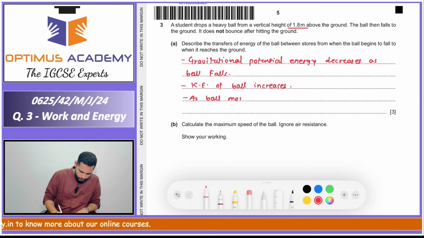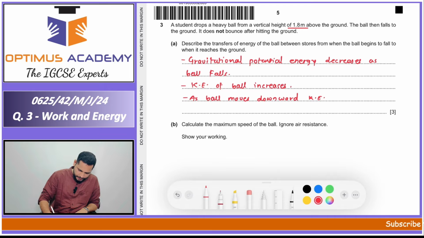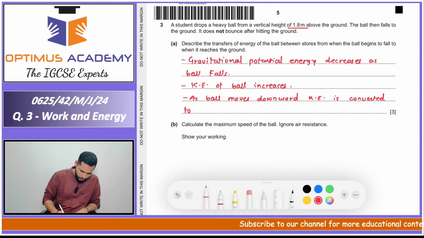As the ball moves downward, kinetic energy is converted to heat or thermal energy.